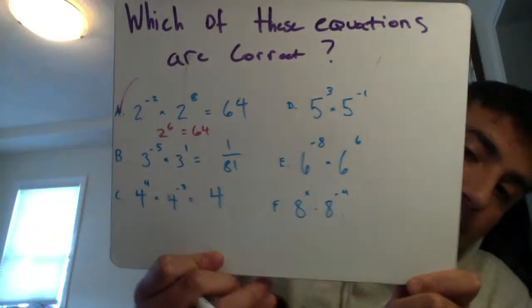How about B? B is correct. You have negative 3 to the negative 5 times 3 to the first. So that's 3 to the negative 4. That's 1 over 3 to the fourth, which is 1 over 81. So B is correct. Good.